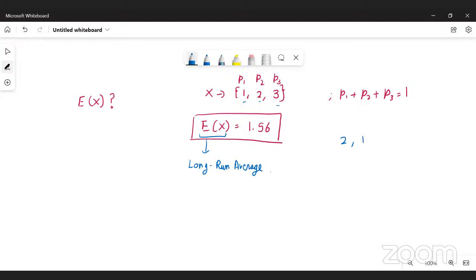Then in the next one I can get 1, then again 1, and again 1, then 3, and so on. You do it a large number of times, close to infinite times. If you take the average of all these numbers, it will be equal to this value, 1.56. That's what expectation of a random variable tells you.